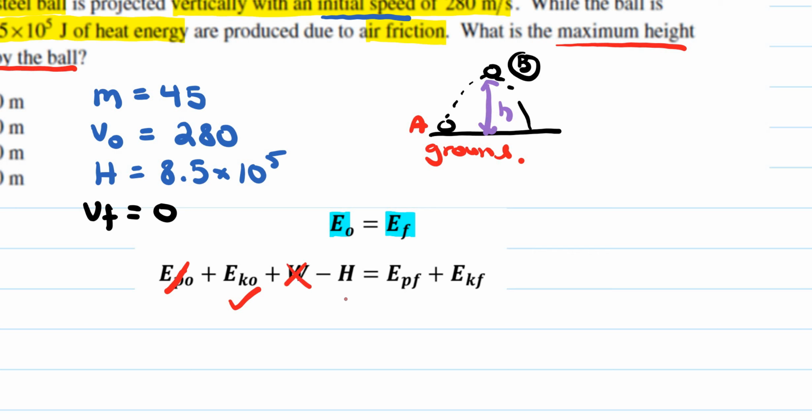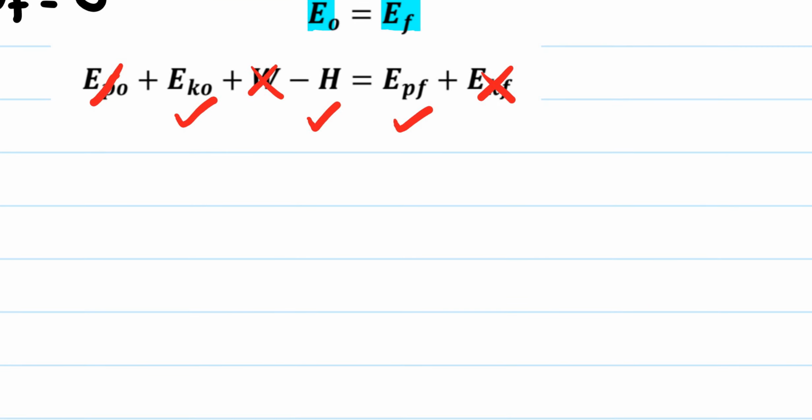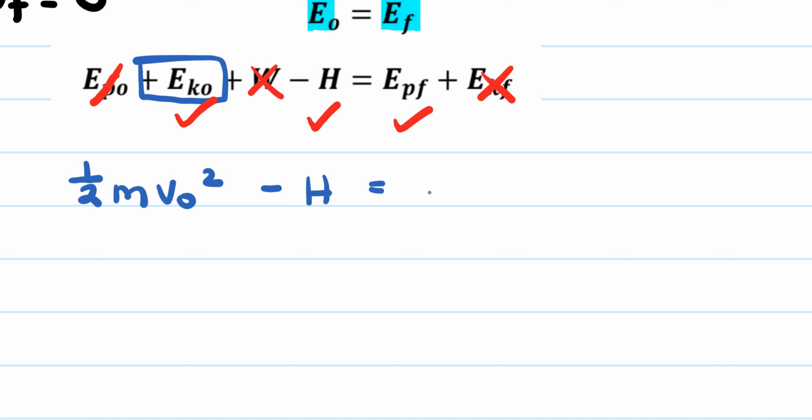The question does give us some heat energy information, and since at the very end there's no speed, there's definitely no kinetic energy, but we have to find the height, meaning that there's potential energy at the very end. So looking at the work energy theorem concept here, since we have kinetic energy at the beginning, we need the formula 1/2 times the mass times your initial speed squared minus your heat energy, and that's going to equal your potential energy at the very end, which is just mgh on the right hand side there.